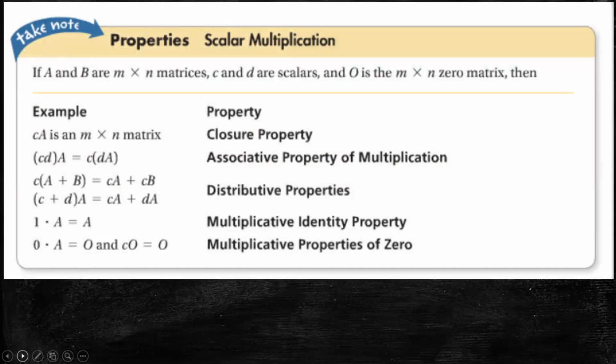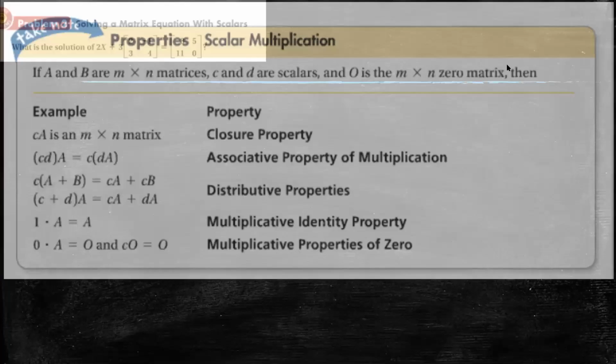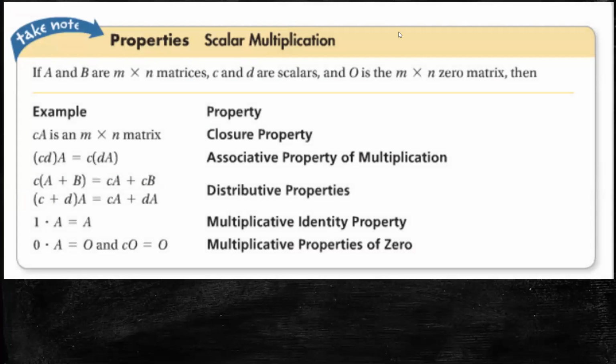So let's talk about some properties of scalar multiplication. If there are matrix A and matrix B, and their dimension is m times n, here we have a matrix A, whose dimension is m times n, and there's a matrix B whose dimension also is m times n.